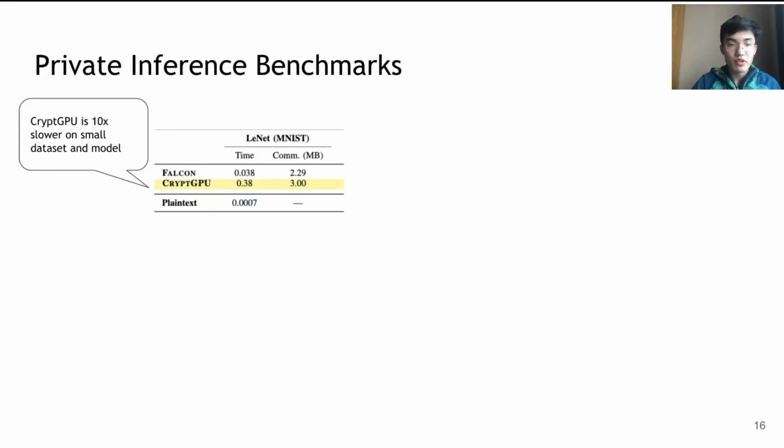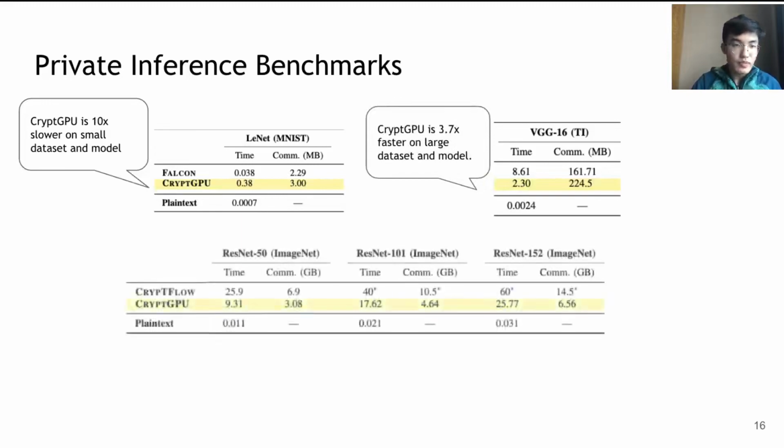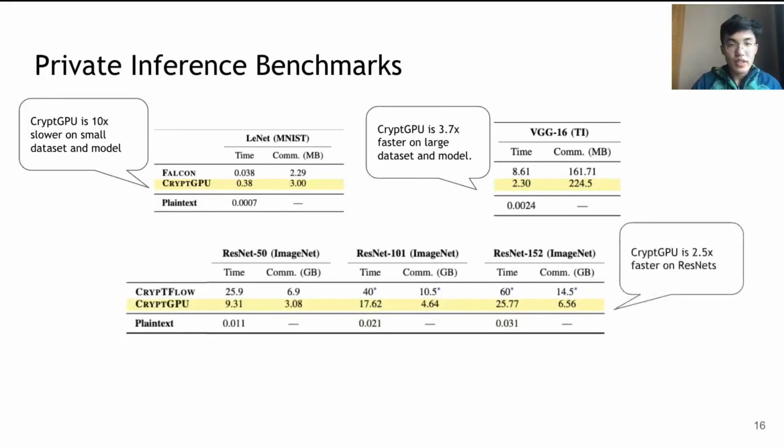However, as we scale to larger models and datasets, we begin to see the advantage of GPU acceleration. On VGG16 on Tiny ImageNet, we observe a 3.7x improvement. Compared to CryptFlow, we see a 2.5x improvement on ResNet. Please refer to our paper for the full measurement details.